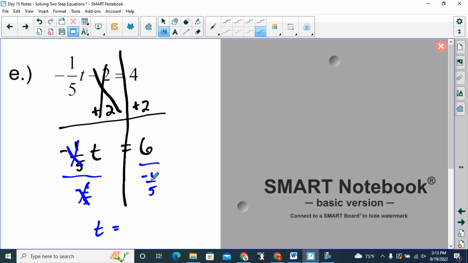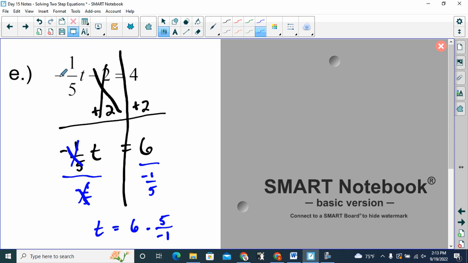6 divided by negative 1/5, we keep, change from division to multiplication, flip, instead of negative 1 over 5, it is now 5 divided by negative 1. Now I realize this negative sign is just out front here.